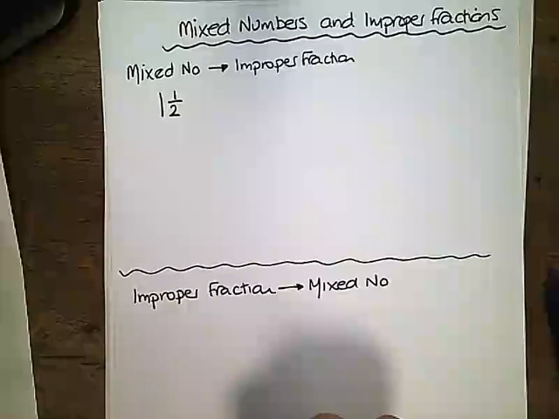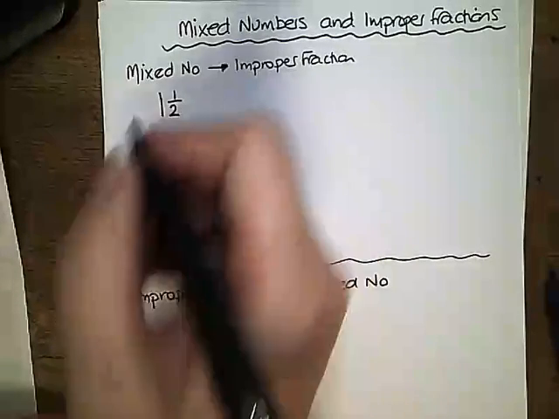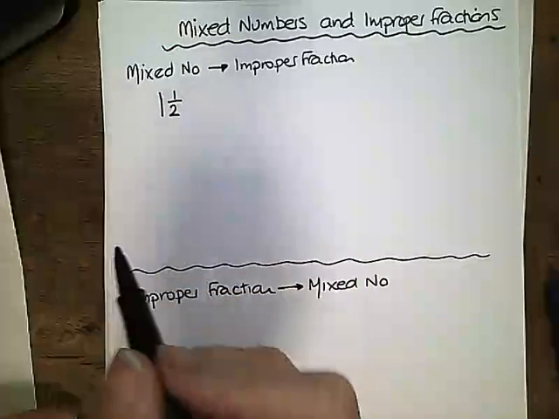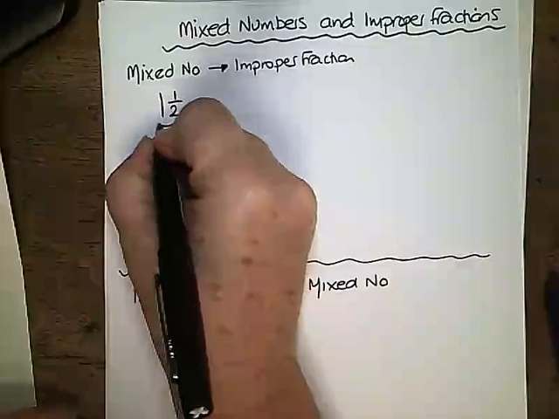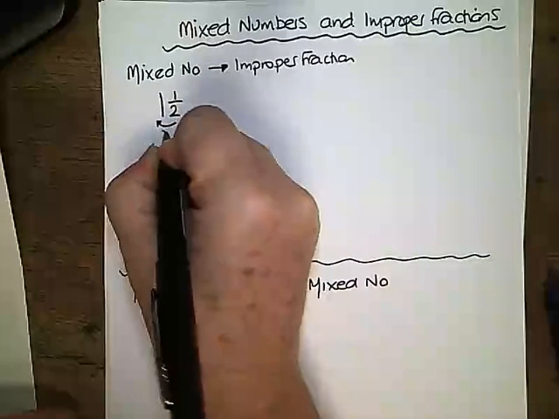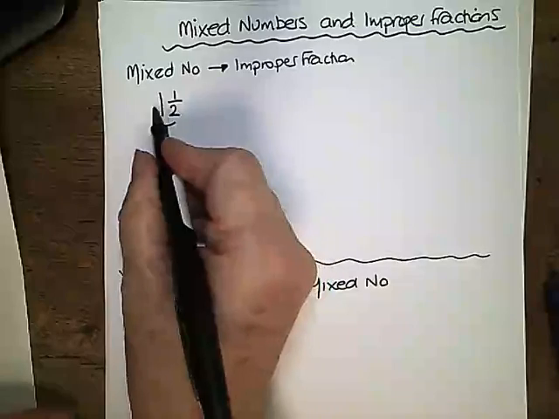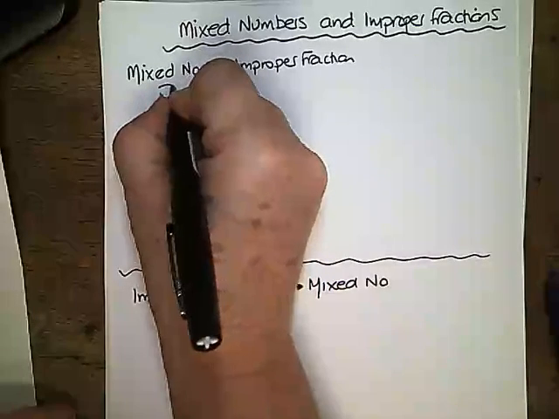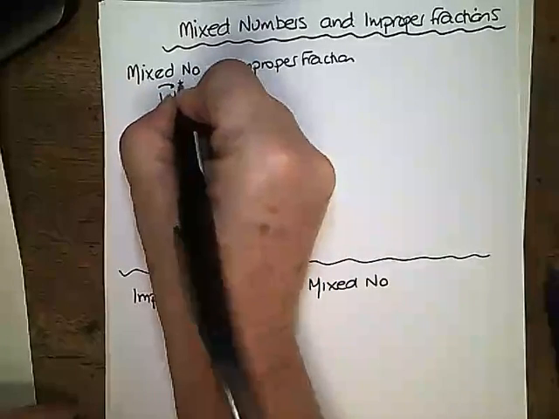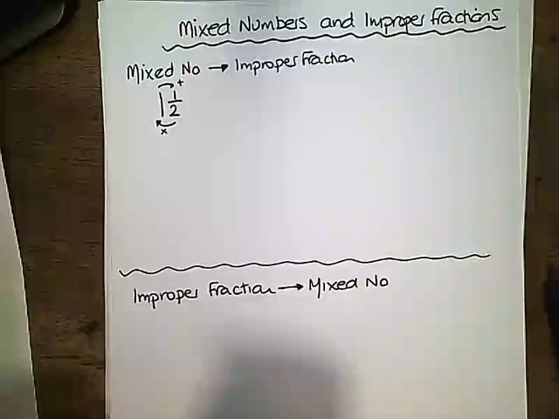And if you want to change it into an improper fraction, so a top-heavy fraction, we do a cyclic motion whereby we times together these two numbers, so 2 times 1, and then we add on the numerator of the fraction that you have got.